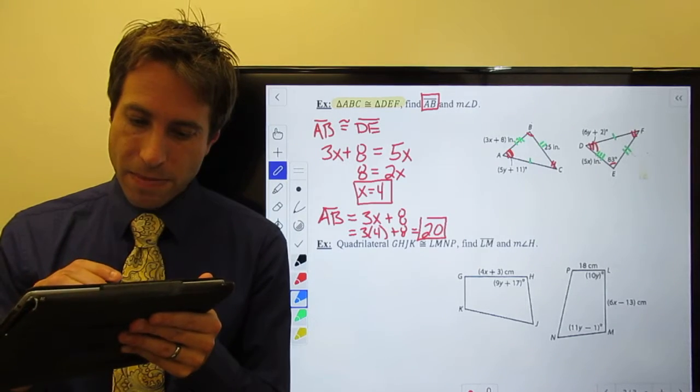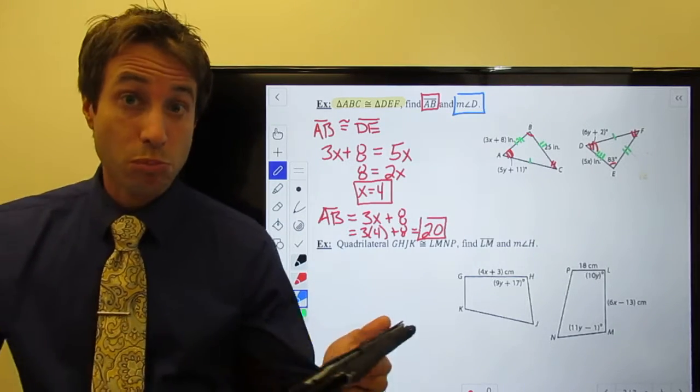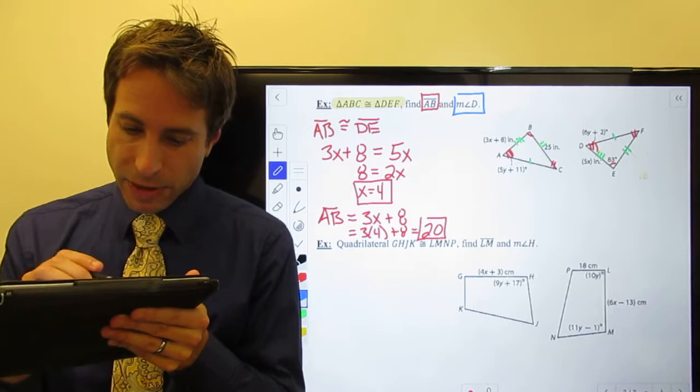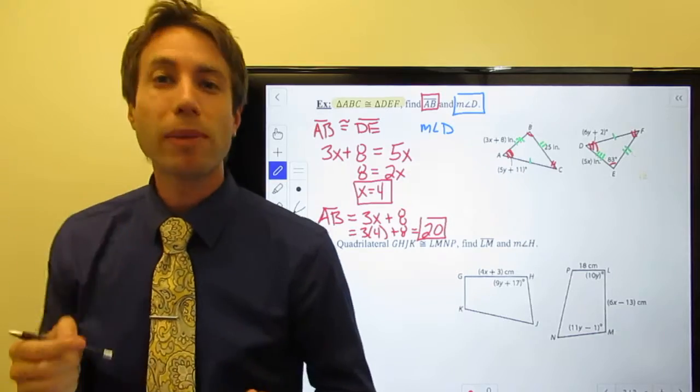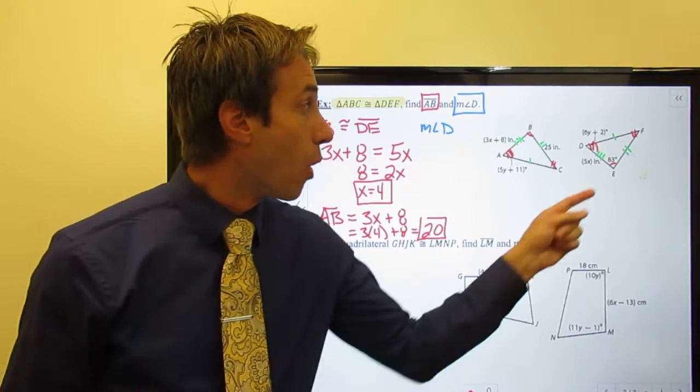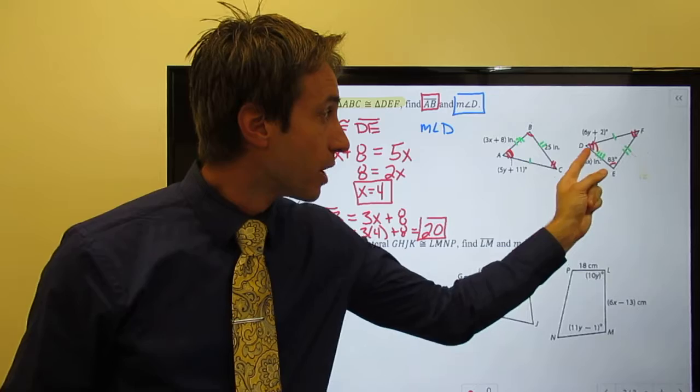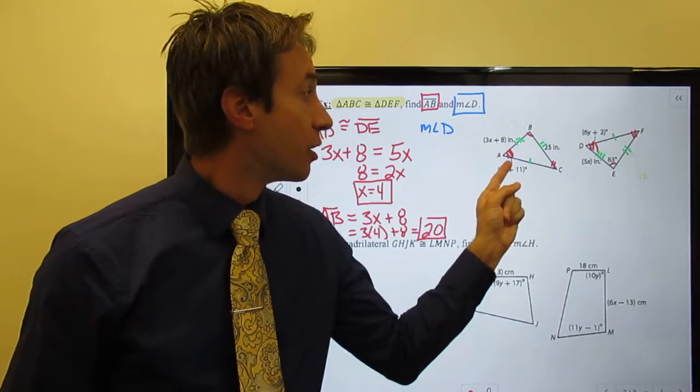Now they ask me to find the measure of angle D. We can do that. It's probably going to help to know what D is congruent to. Three arcs, three arcs.